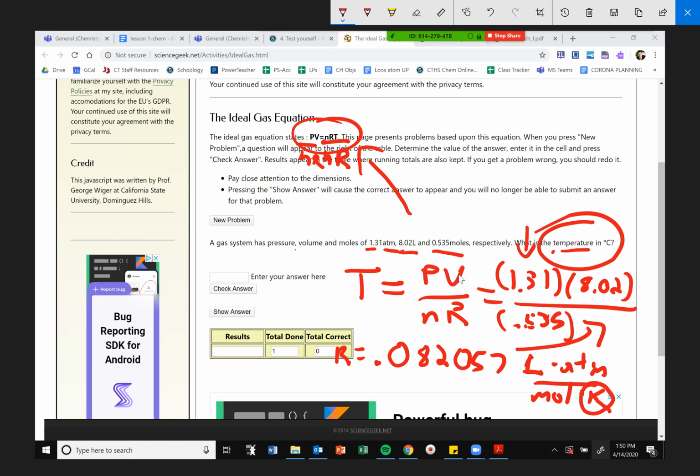And that gives me temperature equals 239. This problem, the smallest number of significant figures is 3, so I'm going to leave it as 3 significant figures. Who can tell me what unit my temperature is in currently?